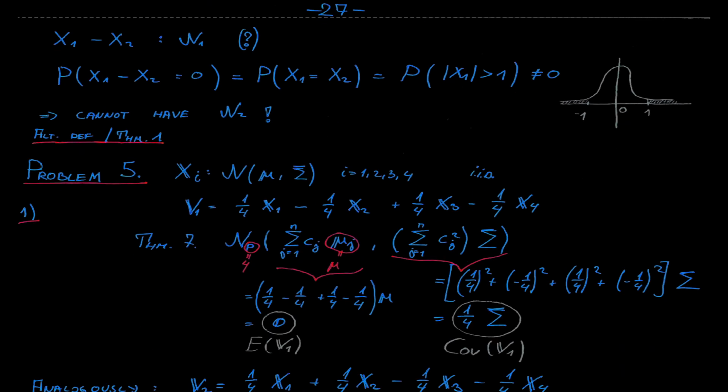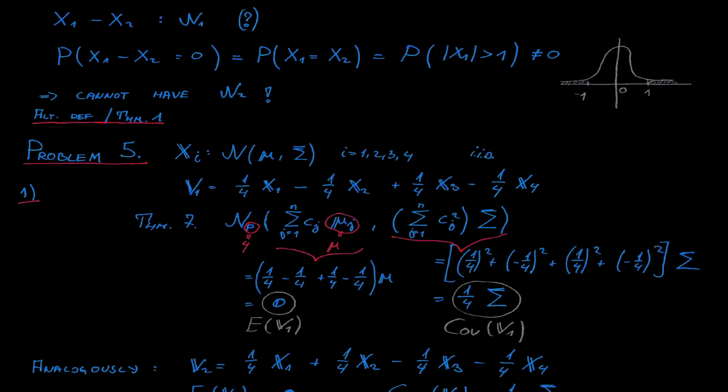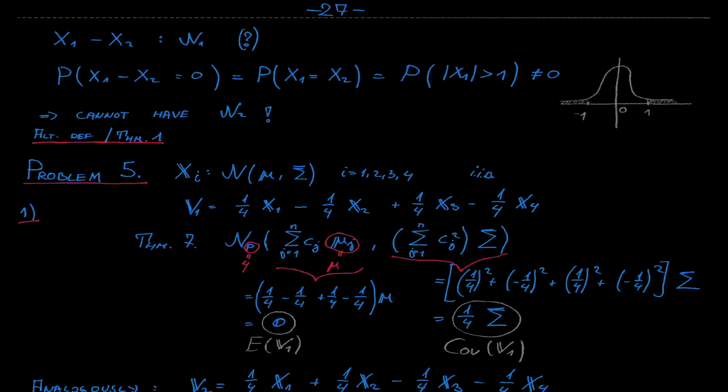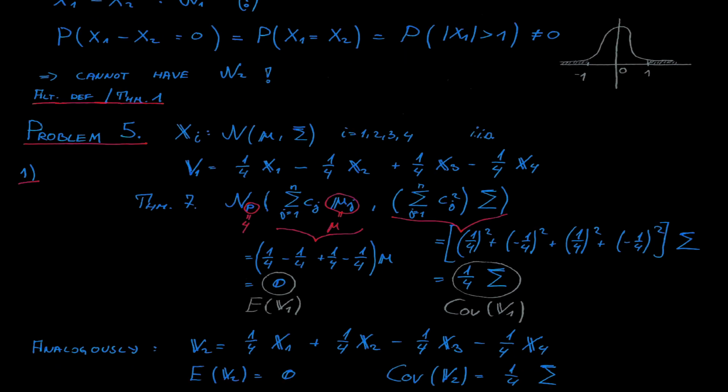Let's see how we can use theorem 7 to prove the distributions of particular random variables that are linear combinations of our random sample. So in that theorem we had v1 and v2, and we mentioned when they are independent, as well as the joint distribution of v1 and v2. First, let's find the marginal distributions of v1 and v2 that are given.